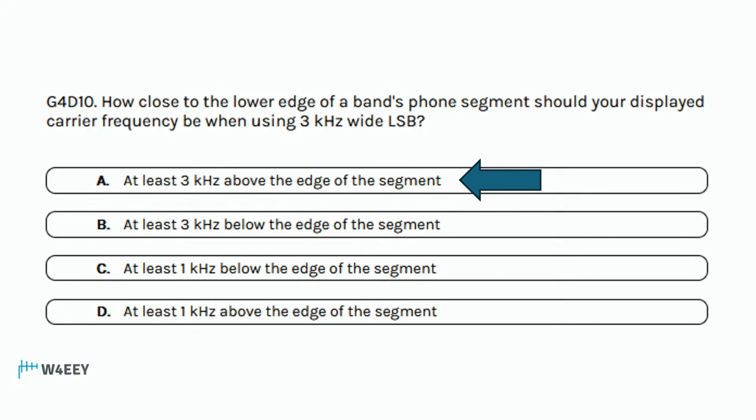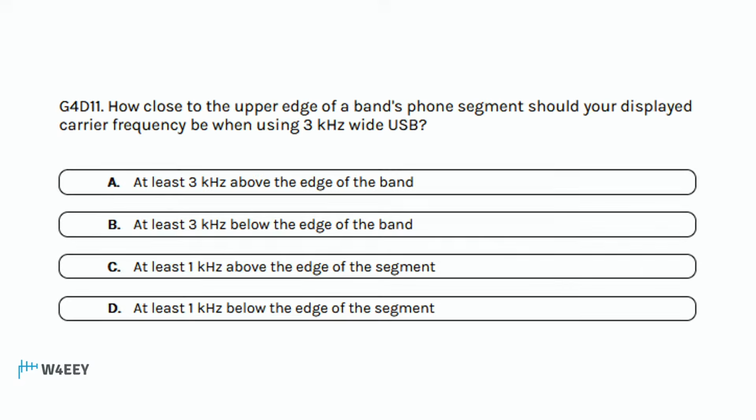You've got to make room there for your sideband signal, the output. All right. How close to the upper edge of a band's phone segment should your displayed carrier frequency be when using 3 kilohertz wide upper sideband? Bravo. Yeah, at least 3 kilohertz below the edge of the band because you're using upper sideband.